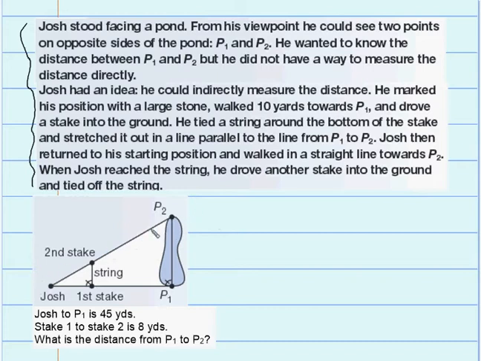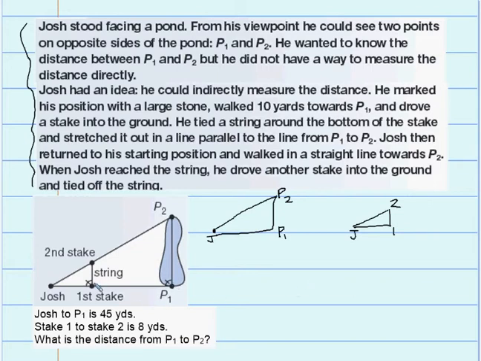Okay, so he's making these similar triangles. So what we can do is split them apart. So hopefully you see two triangles. You see a large triangle with Josh, point 2 and point 1. And you see a smaller triangle with Josh and his second stake and his first stake.